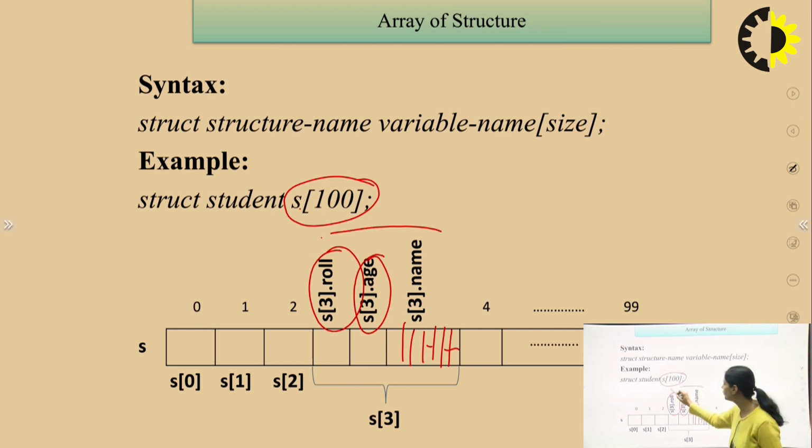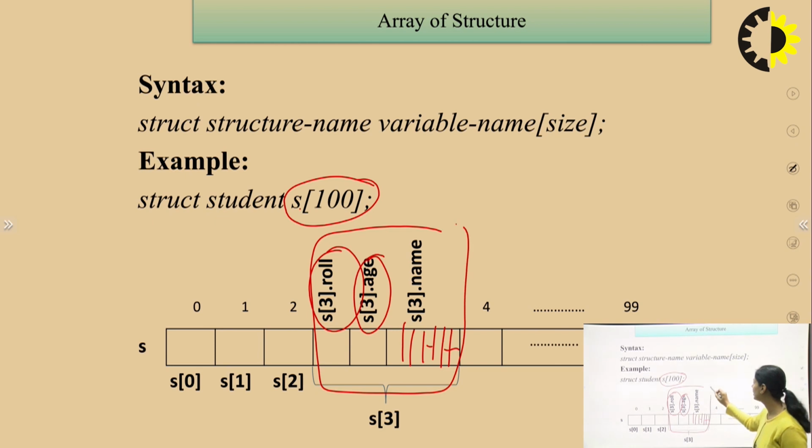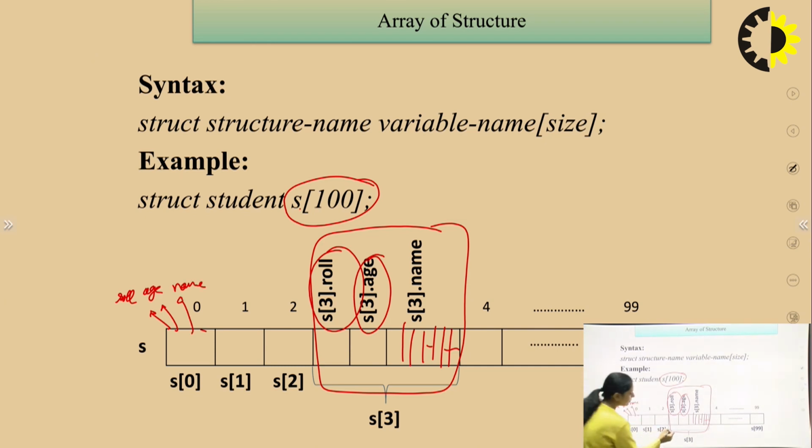So this is for one student that the memory allocation is there. The same memory allocation would be for S0. So S0 in this location will have the roll number, will have the age, and also it will have the name in it. So this memory allocation will be for all the students that are there.